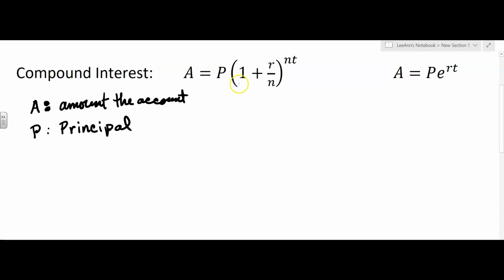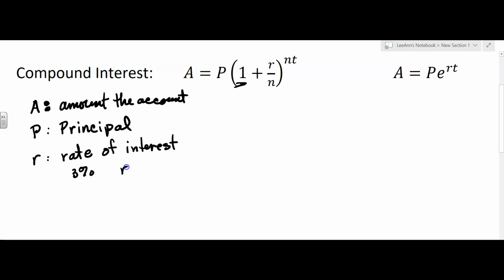All right, the 1 in the formula, that actually represents the amount you started with, and you're hoping this increases because you're earning interest, right? R represents the rate of interest. Now, in my example, I said it's earning 3%.